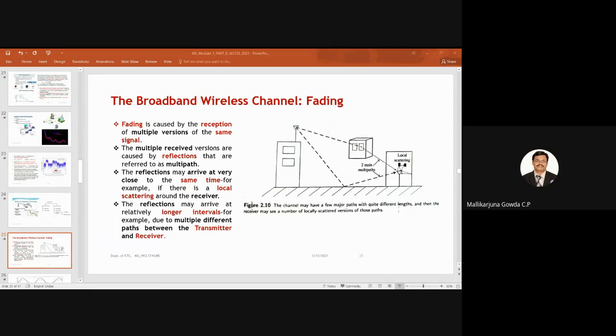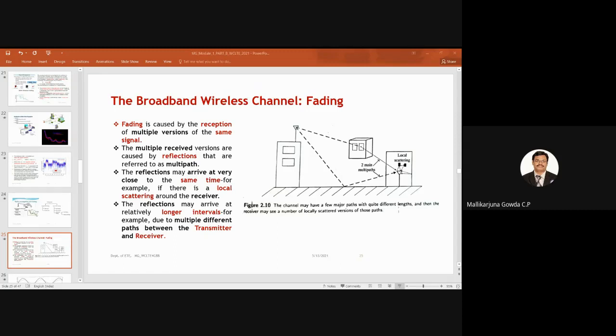Due to local scattering, I may be able to receive the signal very close to the same time, meaning the time difference of arrival of a signal at the receiver will be very small from one signal to another. The same signal will be arriving multiple times, and that arrival time will be small. That is due to local scattering, we say.